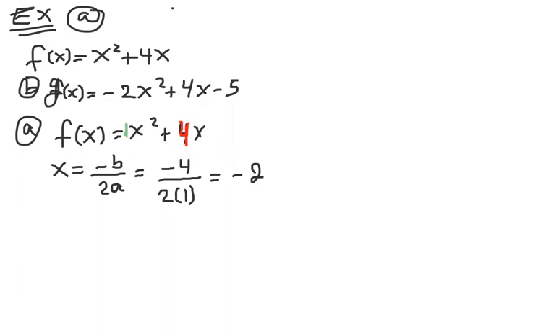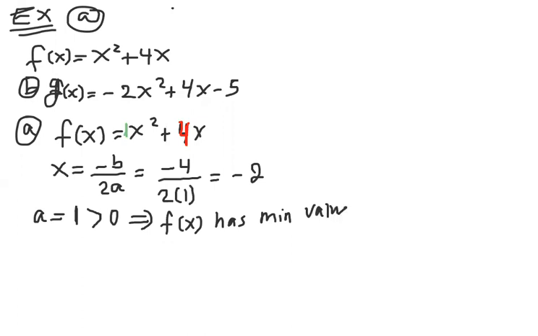Now I have to check a. a is equal to 1, which is greater than 0. That means the function has a minimum value, and its value is f of minus 2.